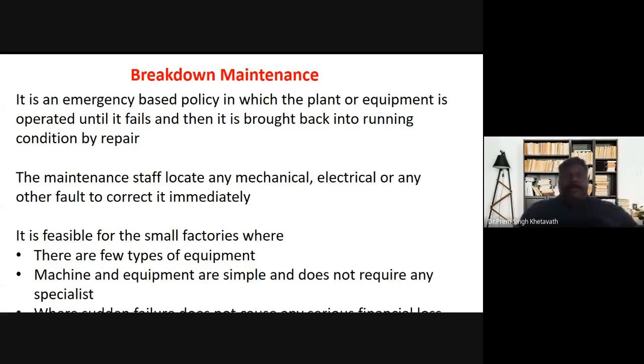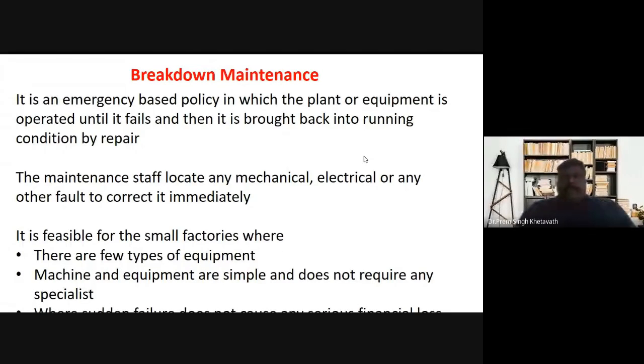Breakdown maintenance is feasible for small factories wherein there are few types of equipment, the machines are simple and do not require any specialist, and sudden failure does not cause any serious financial loss. So this is about breakdown maintenance, the emergency thing.